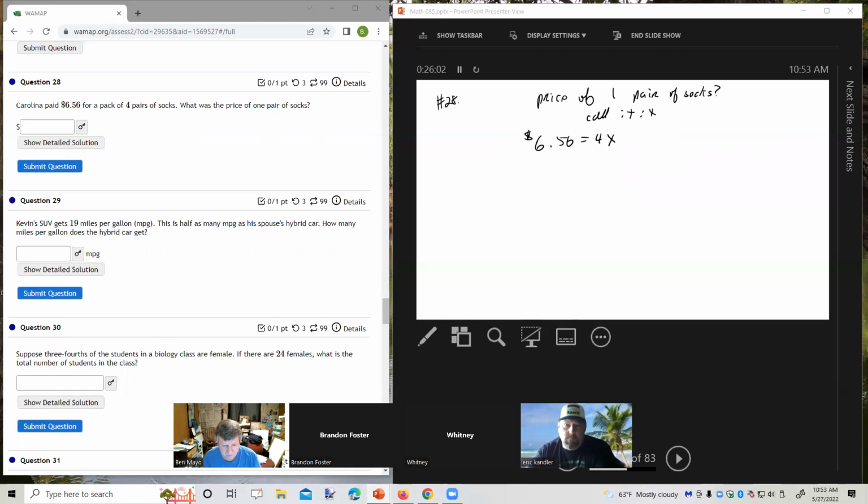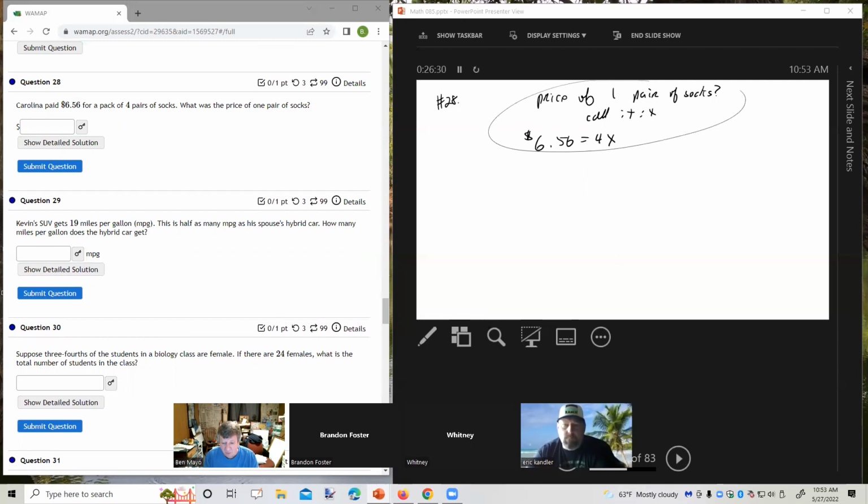Now, I understand perfectly if you look at this and you read it and you go, oh, all you have to do is take $6.56 and divide it by 4 and you get the answer, and that's true. So then you're thinking, why go through all of this stuff? What we're doing is we're getting you used to creating equations that are relatively simple, to prepare for when things get more complicated.